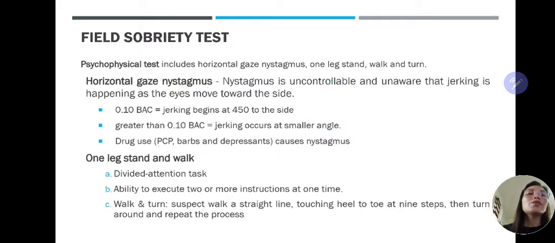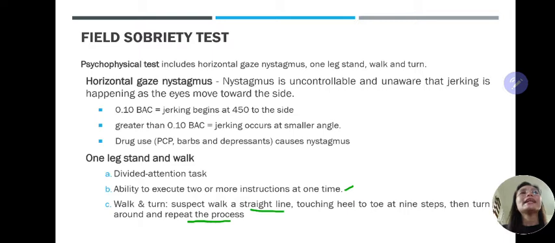Then, we also have the one-leg stand and the walk. So, this is a divided attention task. So, ibig sabihin, kapag intoxicated na siya with alcohol, hindi na siya nakakapag-focus. And then, the ability to execute 2 or more instructions at one time. Walk and turn: the suspect walks a straight line, touching heel to toe at 9 steps, and then turns around and repeats the process.